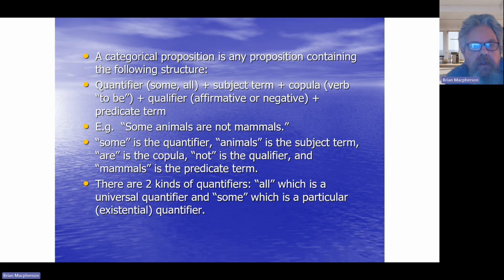So if you look here, some animals are not mammals. This is a categorical proposition. Some is a quantifier, and animals is the subject, then the verb to be, then not is a qualifier, it's a negative proposition, and we have mammals as the predicate. So this proposition is called a particular negative, right?